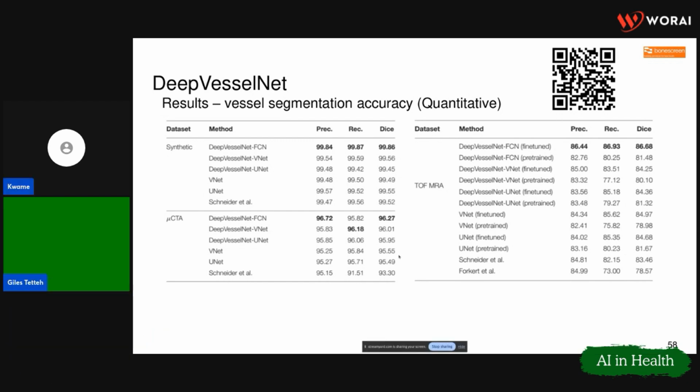So here we have a higher dice score compared to other existing machine learning methodologies, and this is because we use this crosshair filter that I was describing in the beginning.